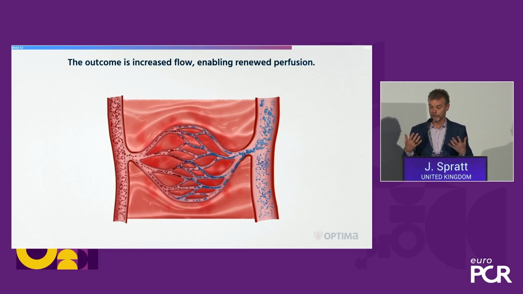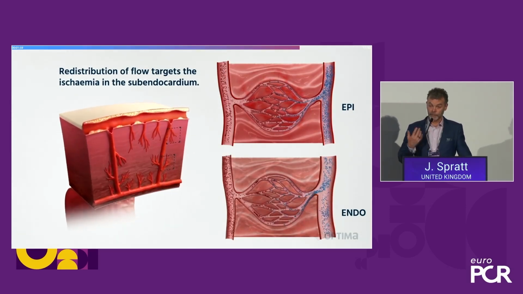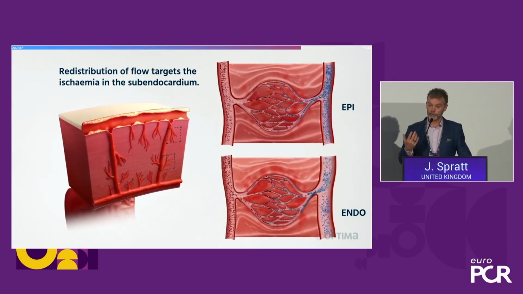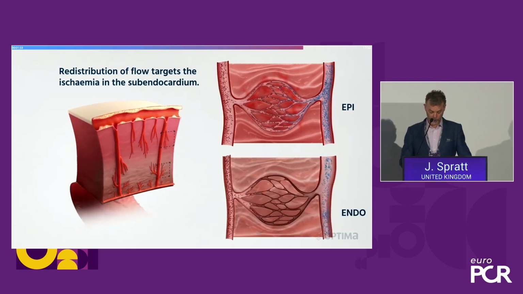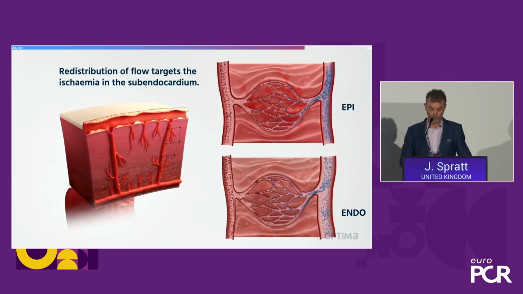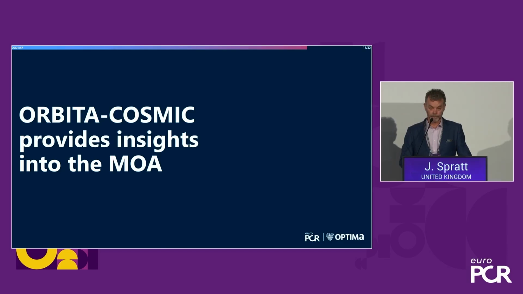So even though you're creating increased resistance, it results in a funny way in decreased resistance, because you reinflate the capillaries in the right area, if you like. And therefore, of course, you're not increasing flow, you're just redistributing flow, because you're changing the pressure differential that was previously there, or at least in a positive way, between the epicardium and the endocardium.